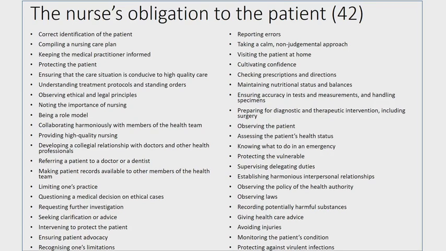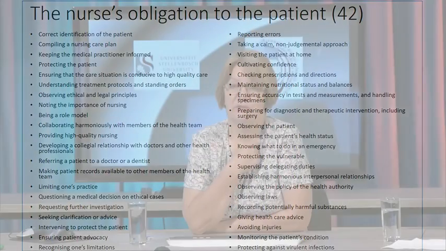Ensuring that the care situation is conducive to high quality care will be one of your independent functions. There's being a role model, which is also an independent function. The next one is collaborating harmoniously with members of the health team. That's your interdependent function. And so for you to make sure that you understand the role functions, you can go through this and sort them out in 3 tables.